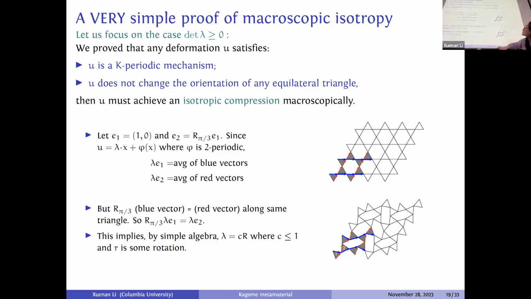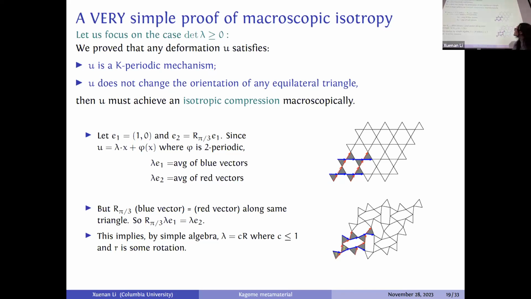Here, if you sum over all the red vectors, it's going to be in the 60 degree direction. And here, if you sum over all the blue vectors, you can see it's still in the horizontal direction. And if you sum over all the red vectors, at this moment you don't know it's going to be in the 60 degree direction. And I can show you that's going to be the 60 degree direction.